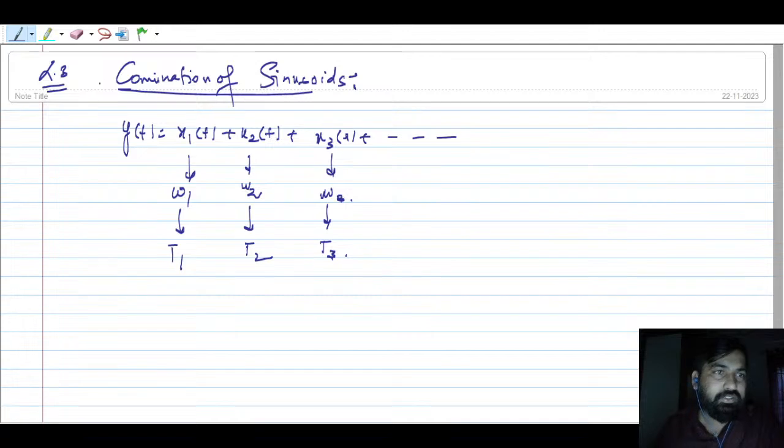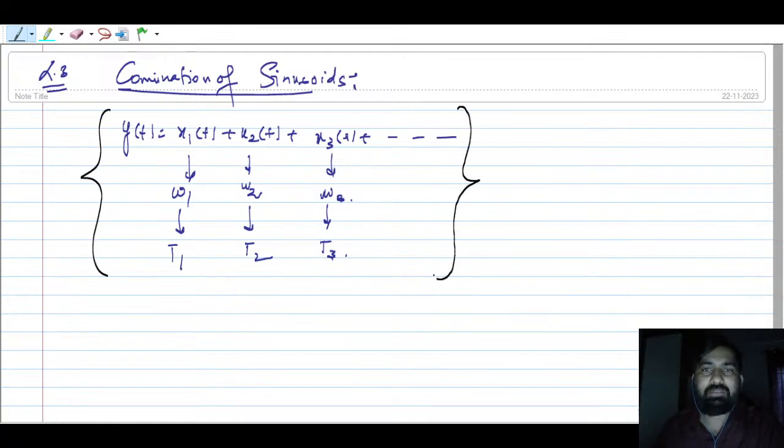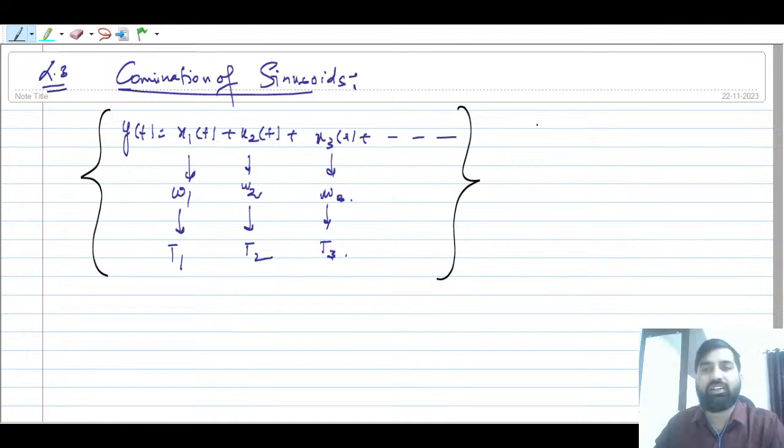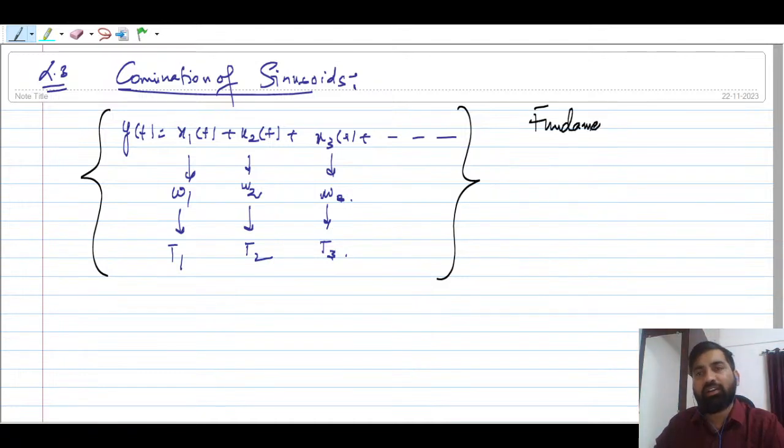Yes. So what are the steps that you have to follow, let me tell you. First of all, before you start computing the fundamental time period, or the fundamental frequency, right?